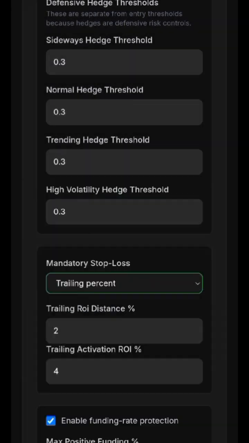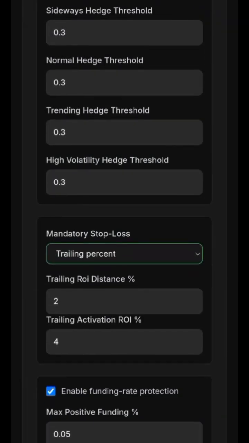So trailing percent, let me quickly explain how it works. It means that if the market is going in your direction, there are sometimes that you will expect 10% profit. Now the market may go up to 5% profit, or 6% profit, or 8% profit, or 7% profit, and reverse.